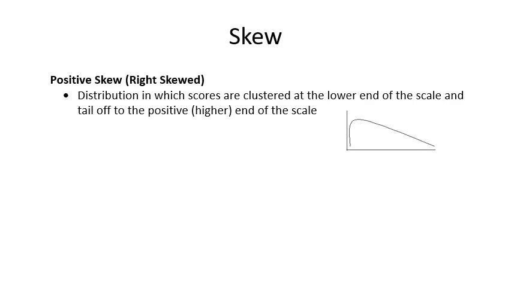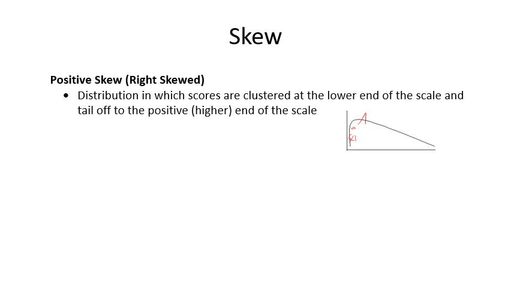Let's first look at skew. The first example is positively skewed, or right skewed. When I'm looking at these, I teach it this way: draw a cat face, and my cat face is going to be horrible. So yeah, I told you I'm not an artist.